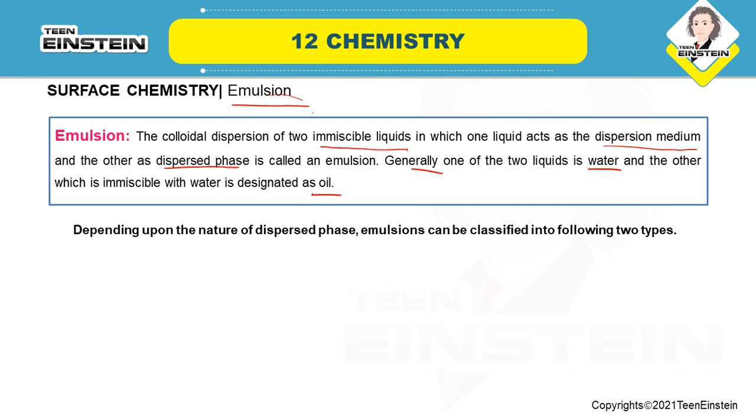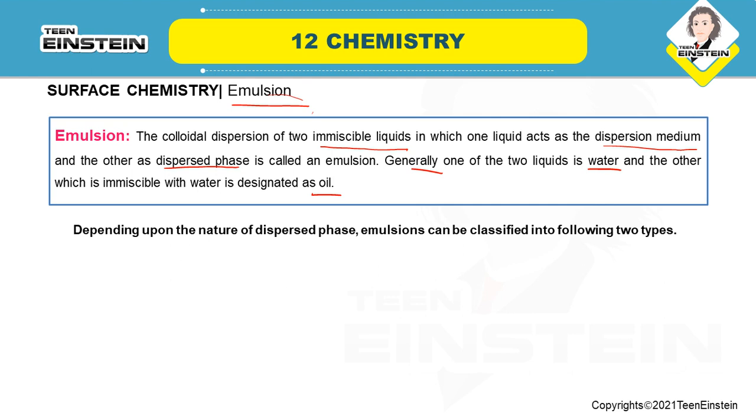But when we say oil, don't think of the typical appearance that comes to our mind, it may not be so. Here it is a general convention that one liquid is water and the other liquid may be anything which is immiscible with water. This condition must be present. If it is immiscible with water, then we will call it oil.